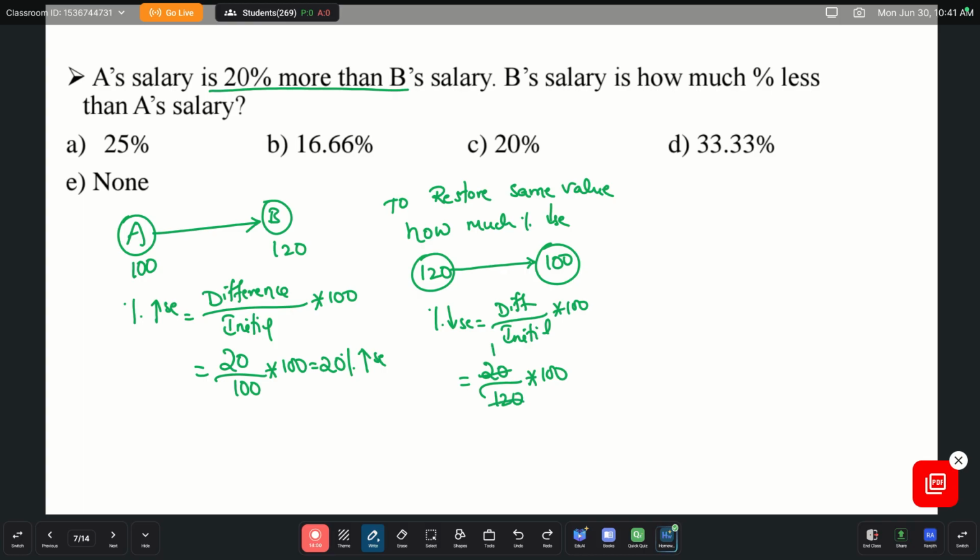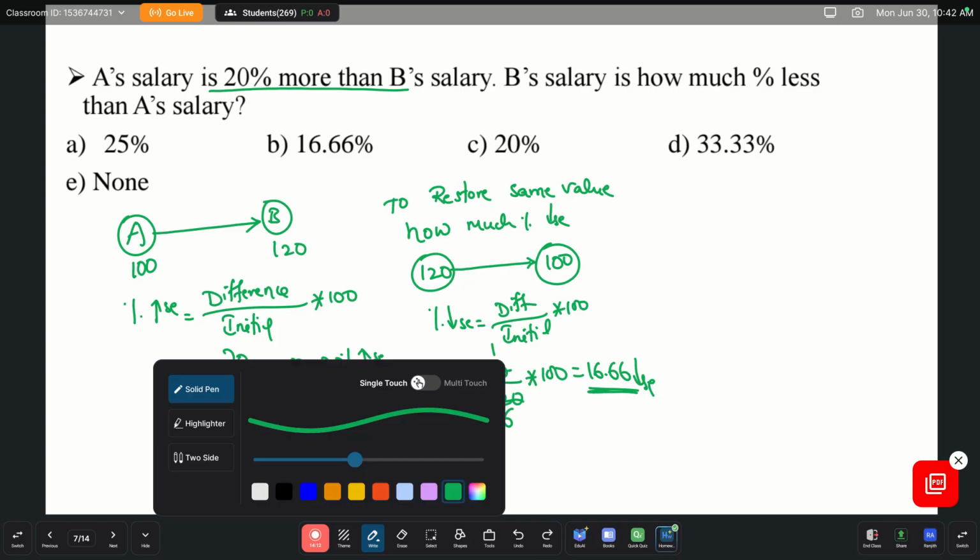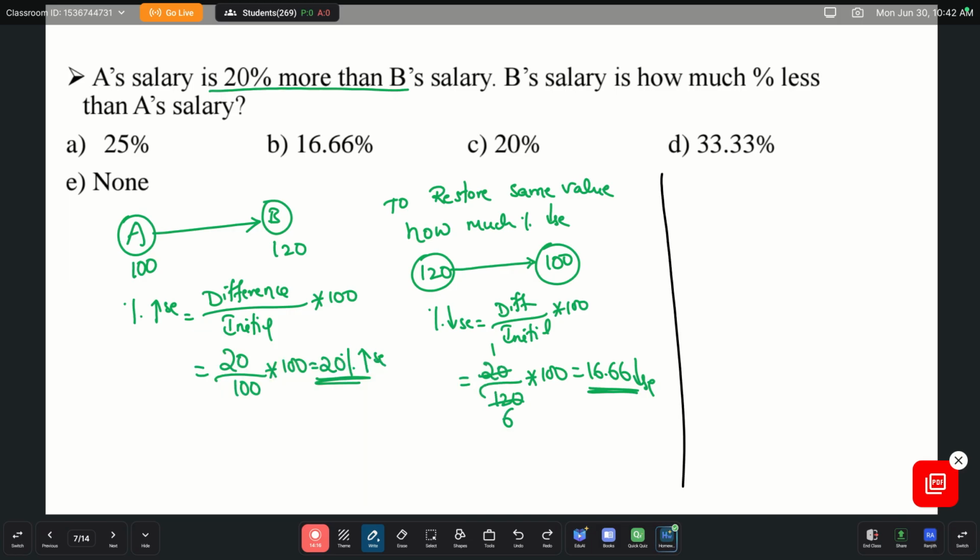2 ones are 2, 6 ones are 6, so 1 by 6 equals 16.66. So if 20% is increase, we need to decrease 16.66. If 1 by 5 is increase, 1 by 6 has to be decrease.